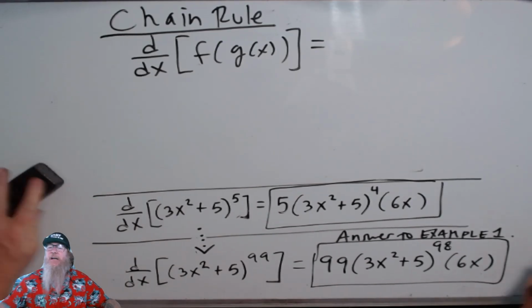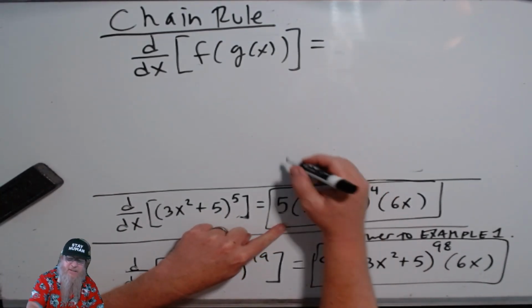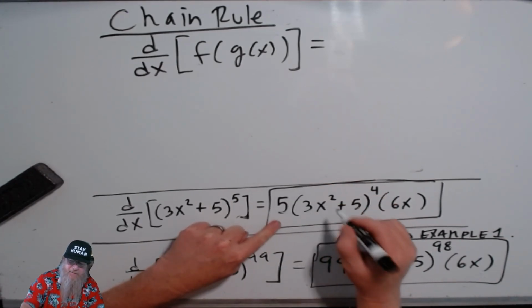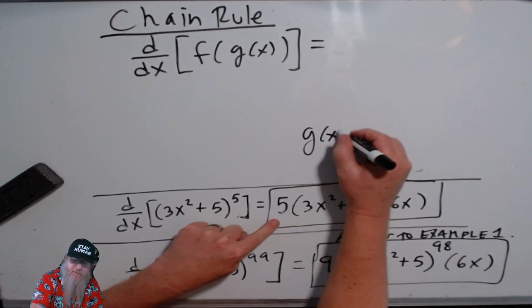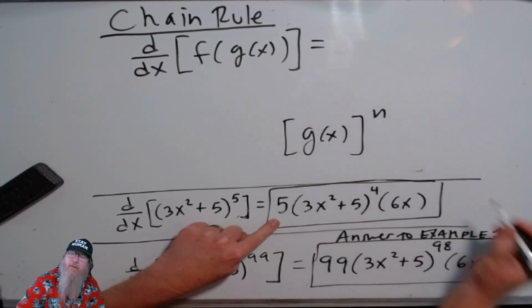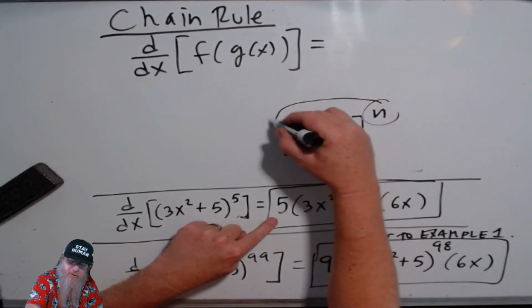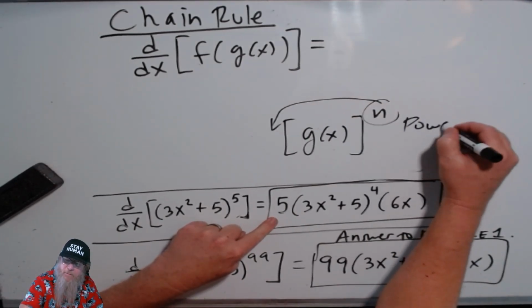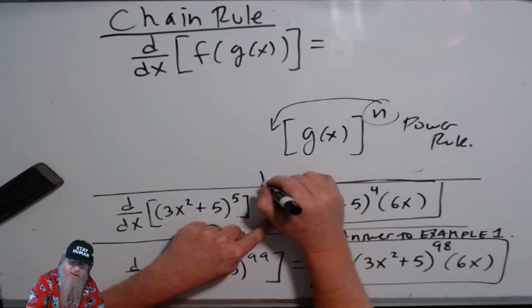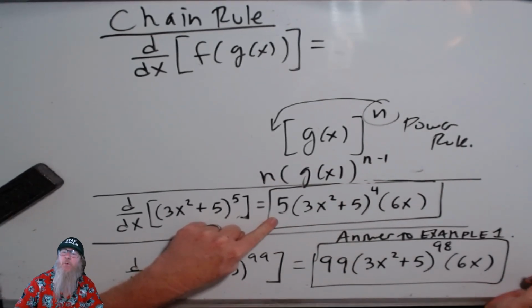And so you can clearly see what's happening here, right? This is essentially the derivative. So you have g of x to the nth power. And so we took the derivative by using the power rule. That gave us n, then g of x to the n minus 1.